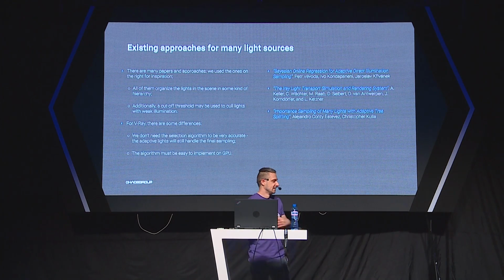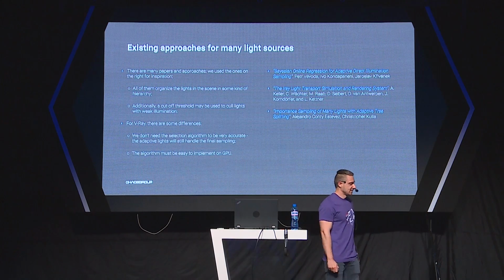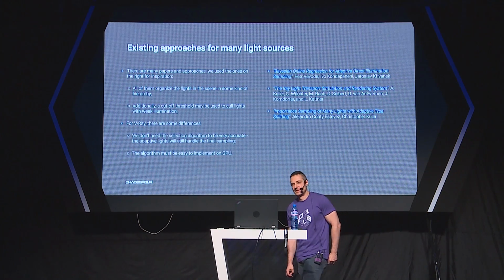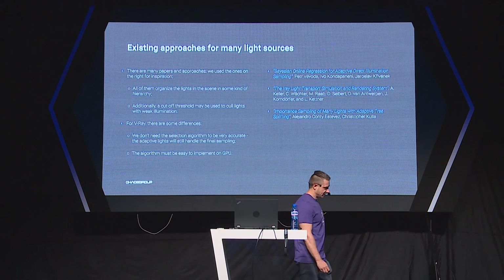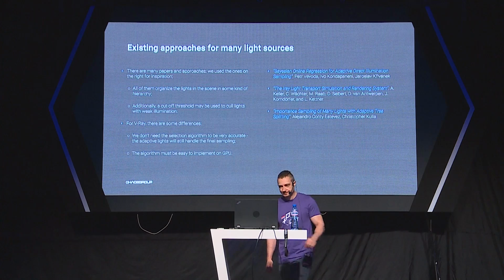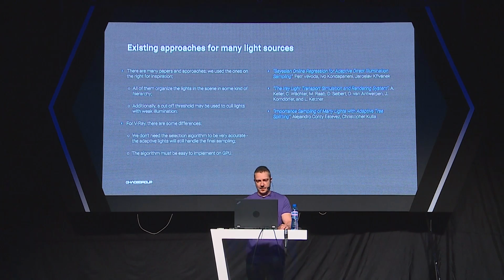And the papers have different methods to estimate how important the light is based on the intensity of the light source, the type of light source that it is, and so on. And there are also other details.